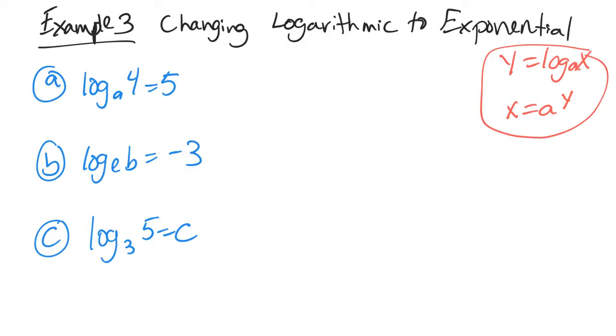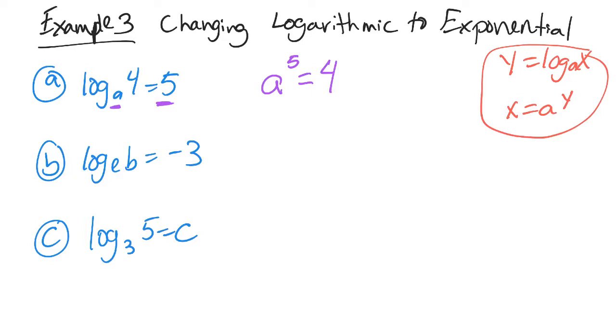For example 3, we are now doing the opposite of what we just did. We're changing logarithmic functions to exponential functions. So our first one, log base a of 4 equals 5. So the exponent piece is the y, the equals part. That base a there is our base, so start with that. A to the 5th equals x, or in our case equals 4.